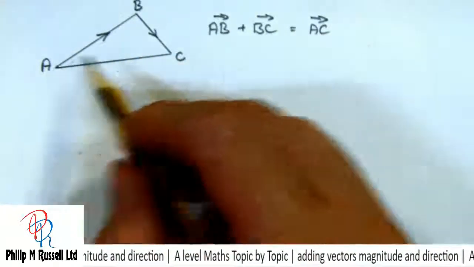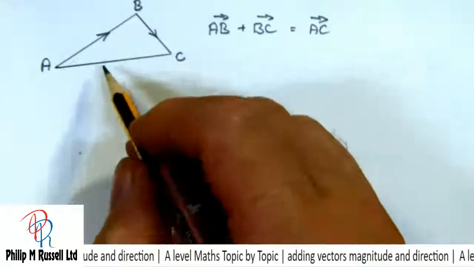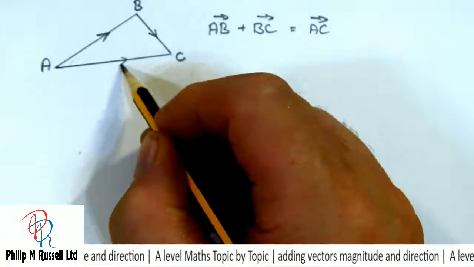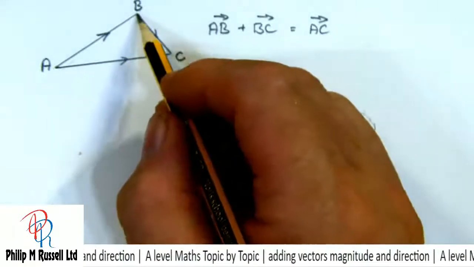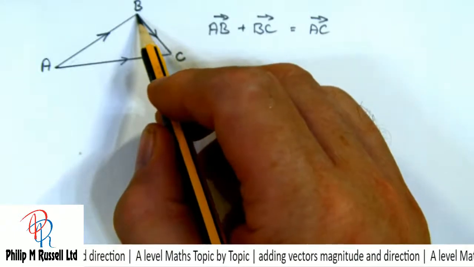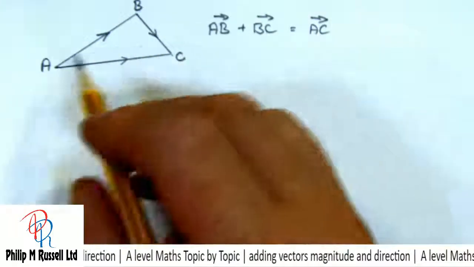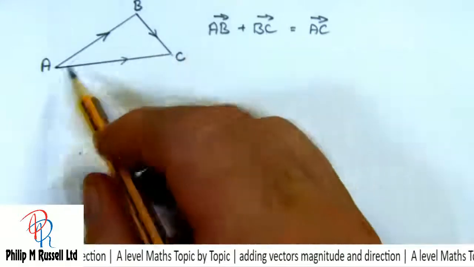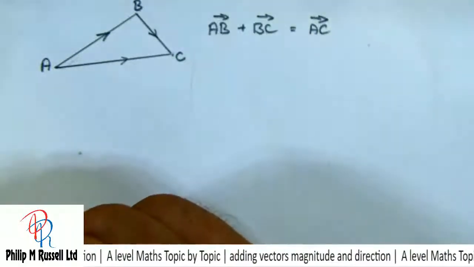You're here, you're going to Granny's, and she doesn't really mind whether you go via the supermarket and to her, or direct to her. She only knows that you've arrived.